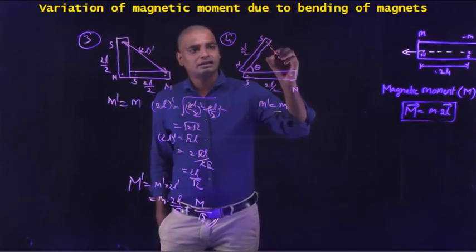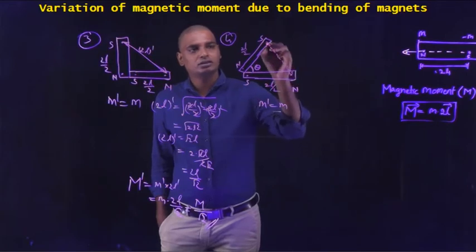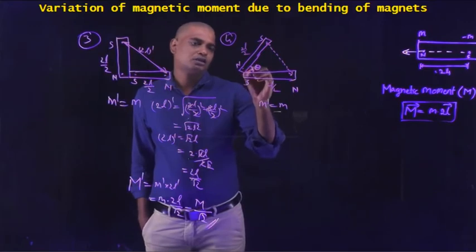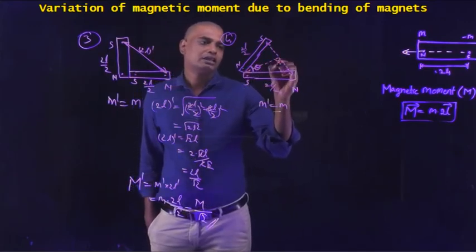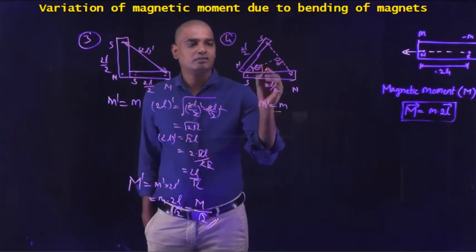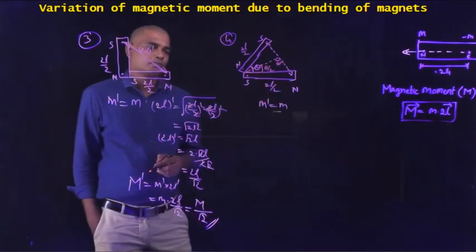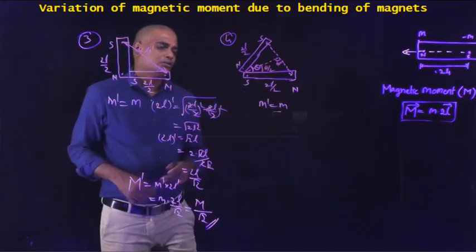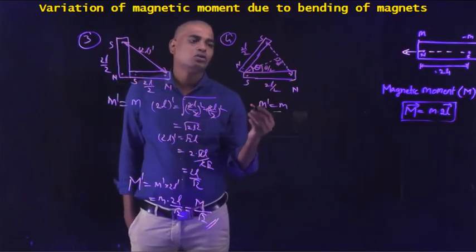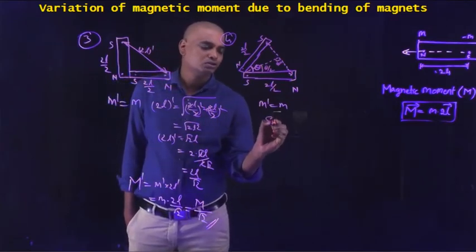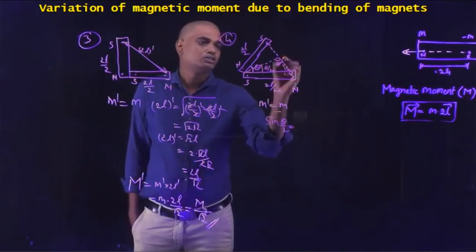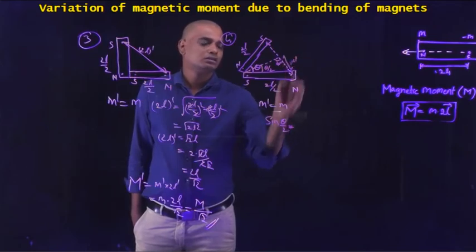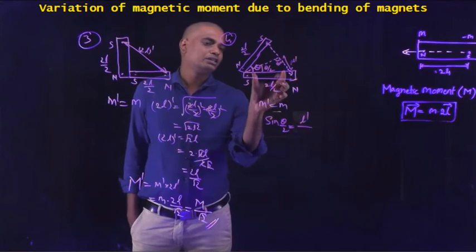Now the resultant magnetic length is given by the dotted line. If I join from the angular point to the line, it makes an angle of 90 degrees, and here the value will be theta by 2. Here the length is 2l by 2 and the angle is theta by 2. I know that sine theta is equal to opposite side by hypotenuse. So sine theta by 2 is equal to the opposite side, let it be L dash, divided by the hypotenuse.